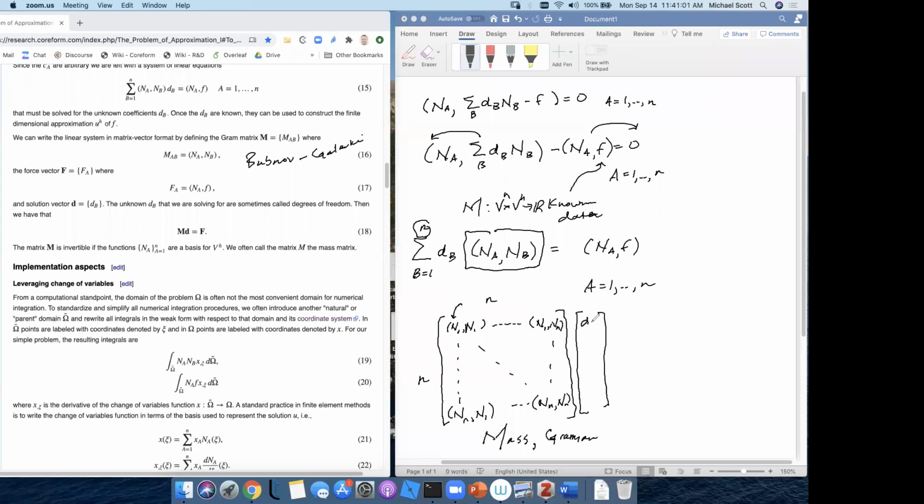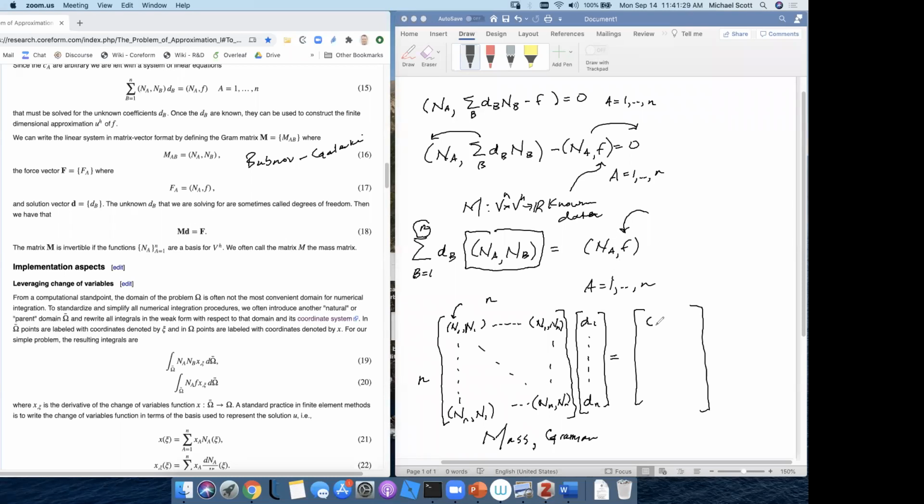So we have D1 through D little n. Okay. And then this guy here is a vector, okay? Because F is known, right? So this is a vector. It just runs over the index A, right?